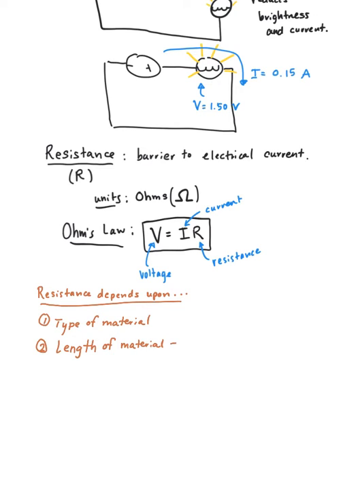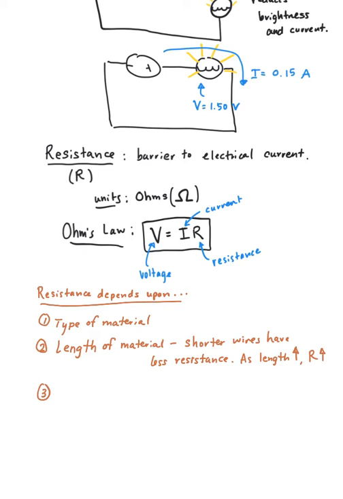So what we'll say is that short wires have less resistance. As length increases, as length goes up, resistance increases. There's more opportunity for an electrical current to encounter some resistance.